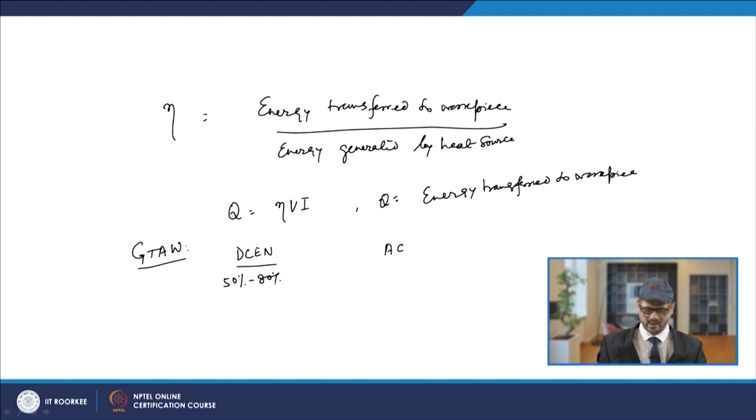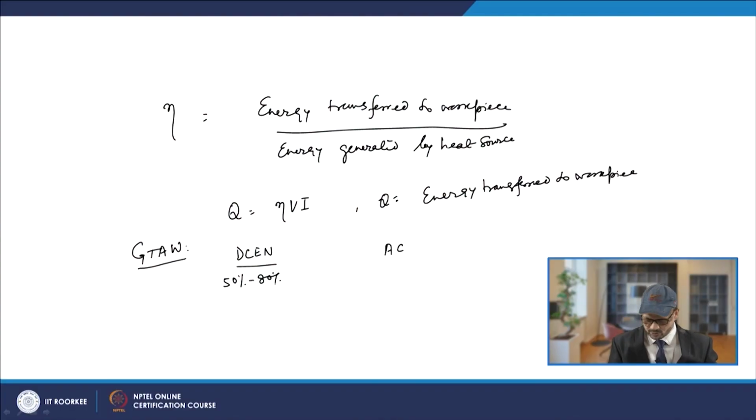Whereas in the case of AC, for half of the cycle you don't have heating taking place, so the arc efficiency becomes somewhat smaller, and in this case it goes from 20% to 50%. Basically, because there will be cooling at the time when there is no heating, that decreases the arc efficiency.